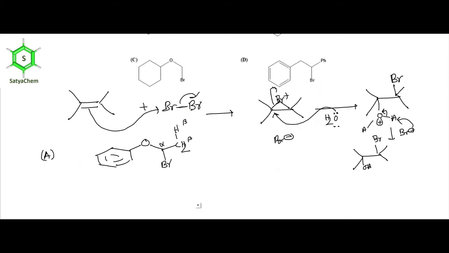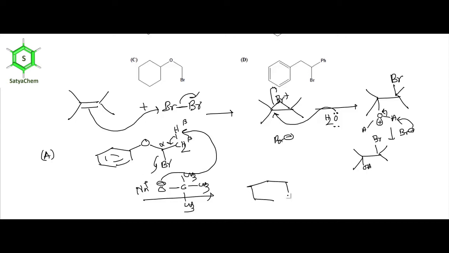So tertiary butoxide, which is a very good base, easily abstracts the beta hydrogen and we get the corresponding alkene. So option A is not the answer, because bromine will decolorize in the presence of this alkene.